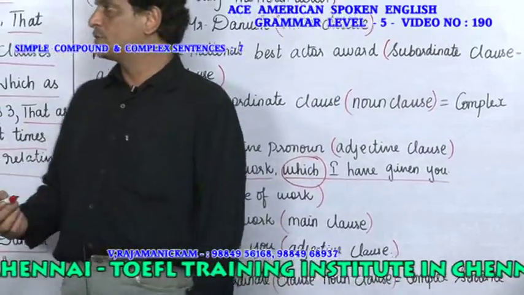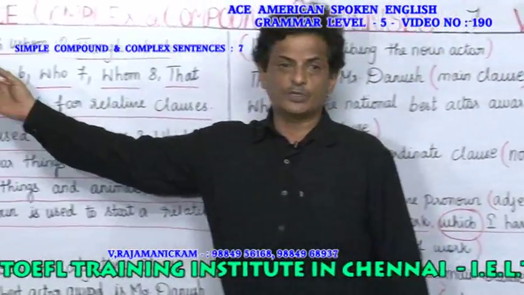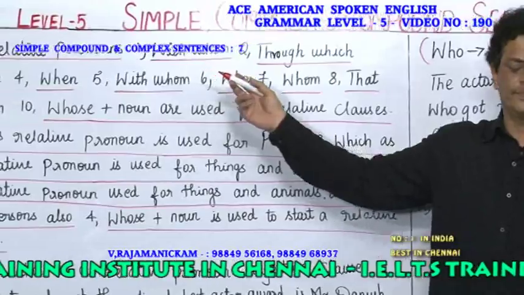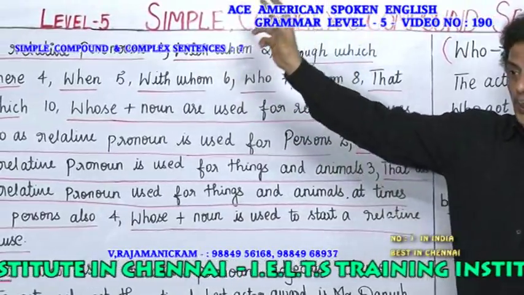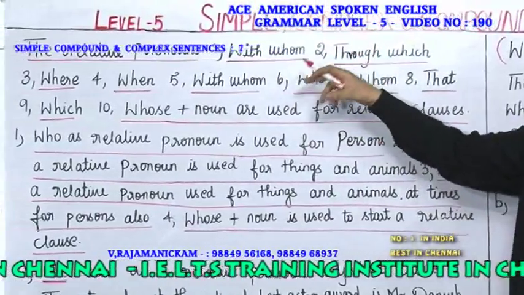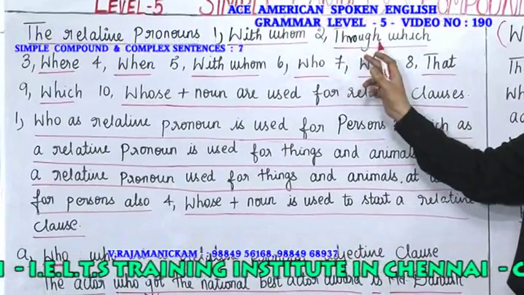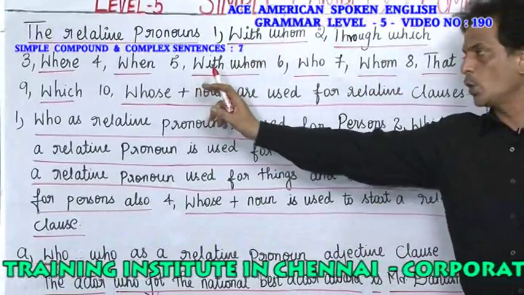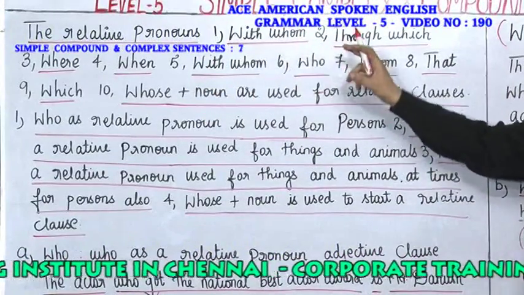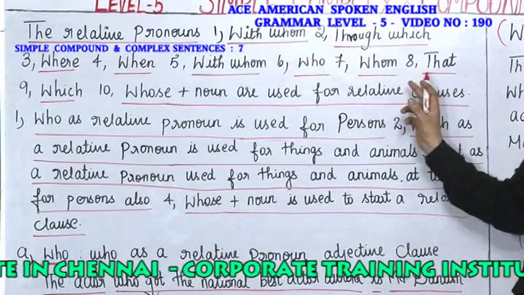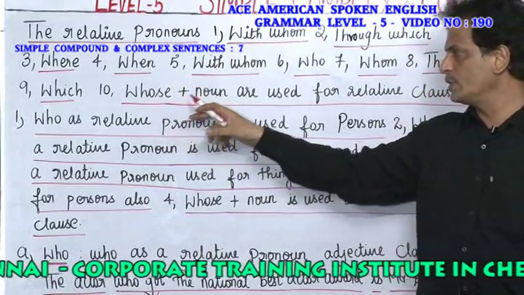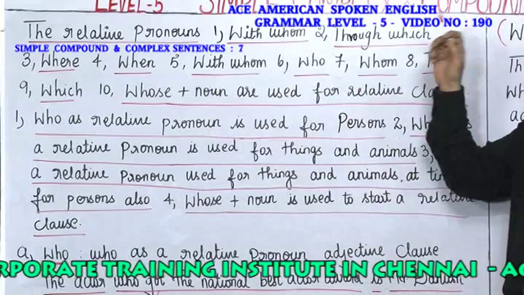No doubt about it. So my dear friends, what do relative pronouns mean? These are used with the noun, they stand for the noun. For example, with whom, through which, where, when, who, whom, that, which, whose plus noun are used for a relative clause.